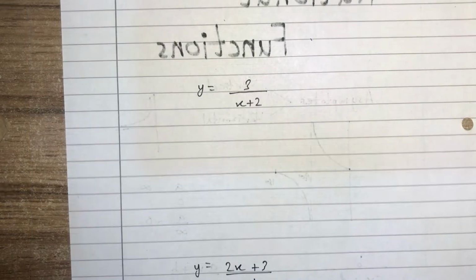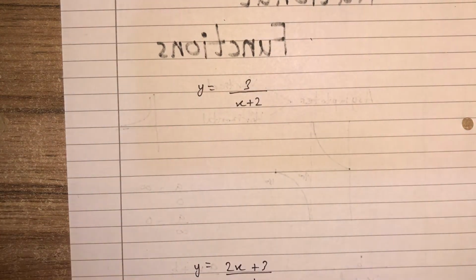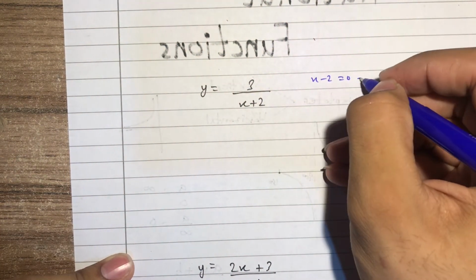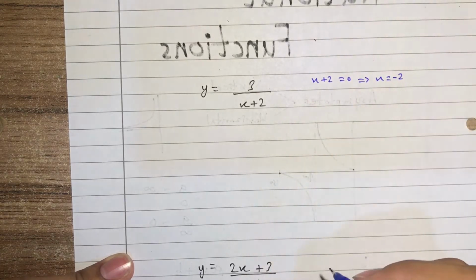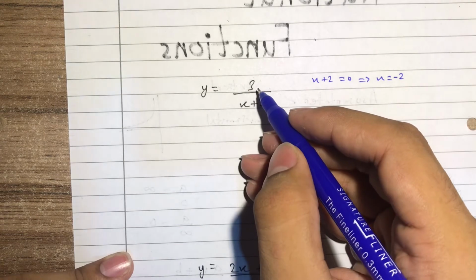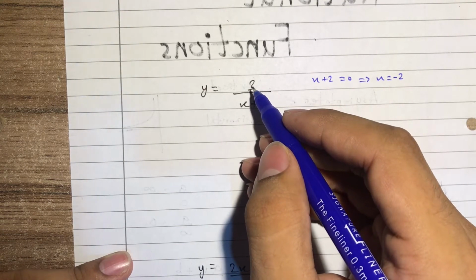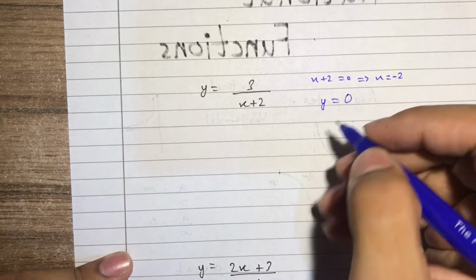So the first graph is y equals 3 upon x plus 2. Now I'll find the vertical asymptote by equating the denominator to 0. So x plus 2 equals 0, x equals minus 2. Because we have the numerator with maximum power x power 0, the horizontal asymptote will be directly y equals 0.